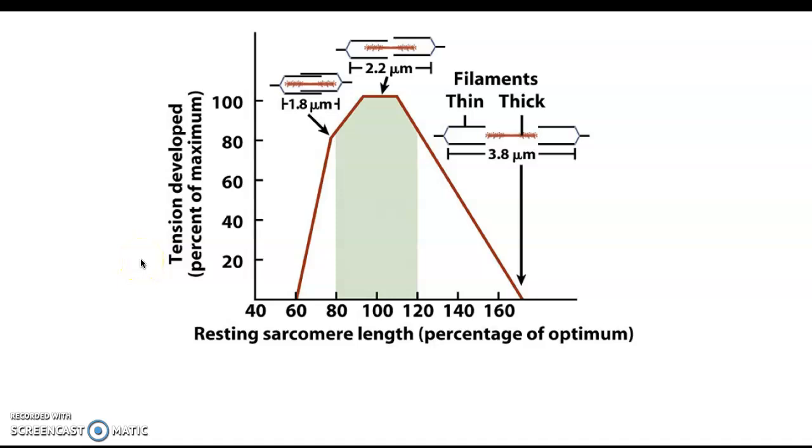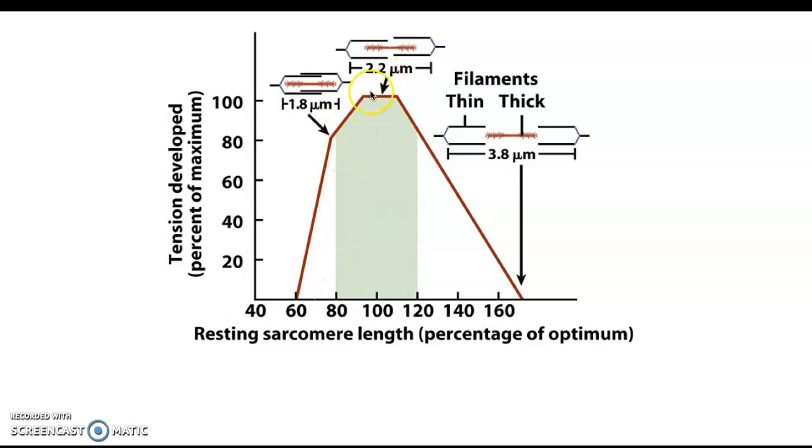Just quickly, if we pay attention here, we should be able to see that as the length, and this is still at rest, increases up to a point, the tension that develops also increases. Because this is being expressed as a percentage, obviously we're going to get to a maximum of 100%. You can't have more than 100% tension developed in our muscle. So as the length increases, the tension increases up to a maximum.